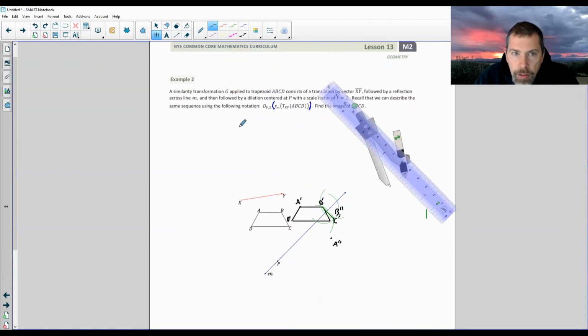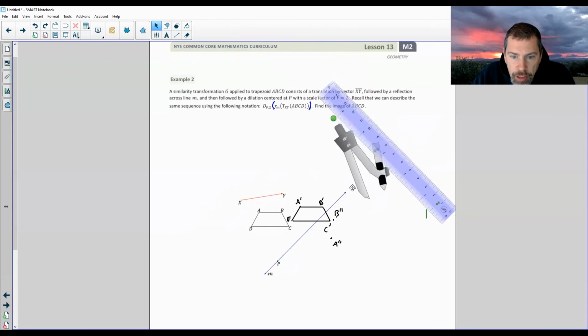All right. I'm going to delete this. Careful what I delete. I'm trying to get rid of all of my construction points. Okay. So this is C prime right there. B double prime is right here. What is this point here? That's supposed to be right there. Okay. All right, there's B double prime.